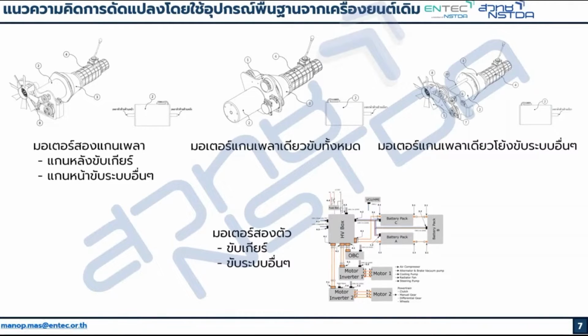This is one way of the EV conversion. There remains some part of the ICE platform, to save the supply chain.